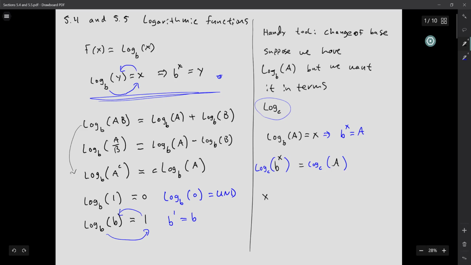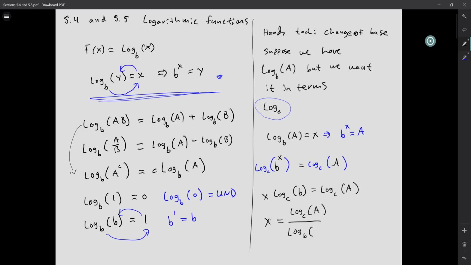So I have x log base c of b equal to log base c of a, which means my original x that I never knew is now equal to log base c of a over log base c of b.